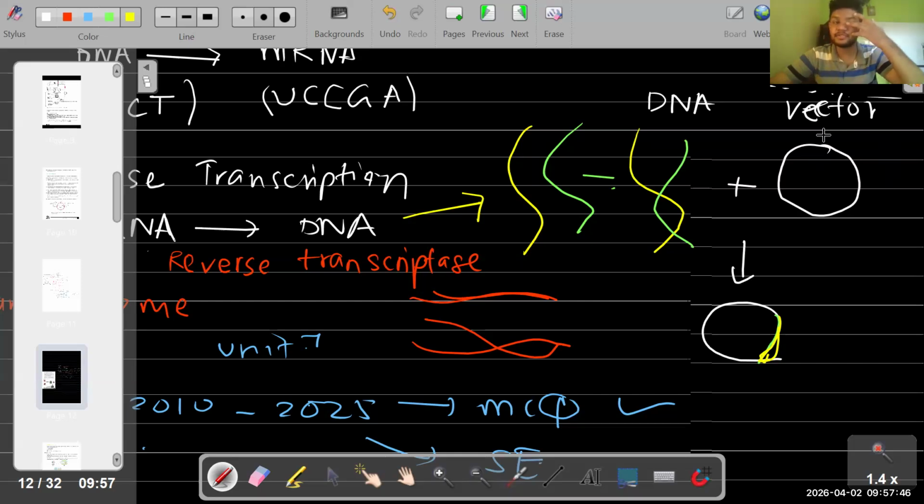A cloning vector is used in the cloning process, which means when DNA and the cloning vector are joined, they form a recombinant vector. Clear, right?